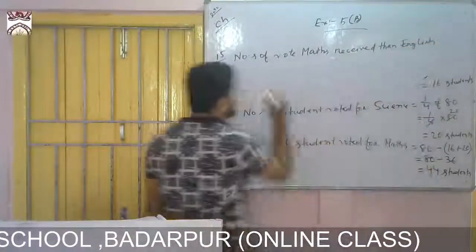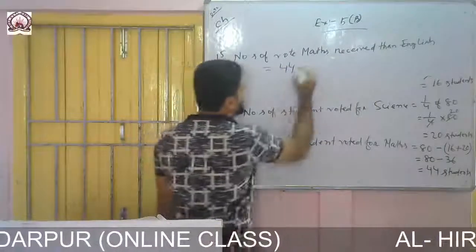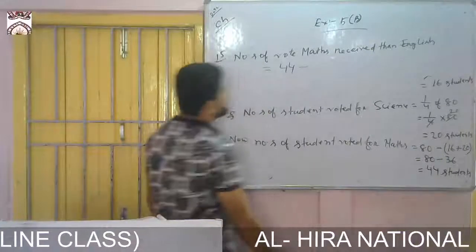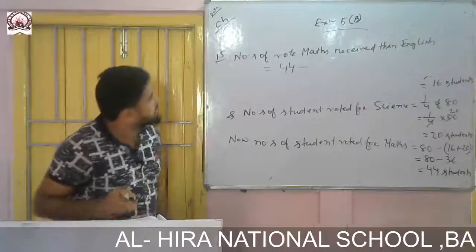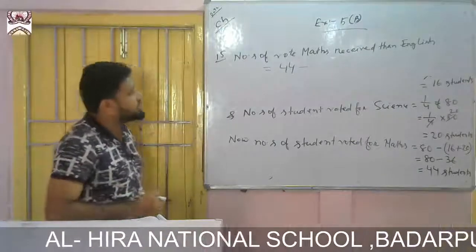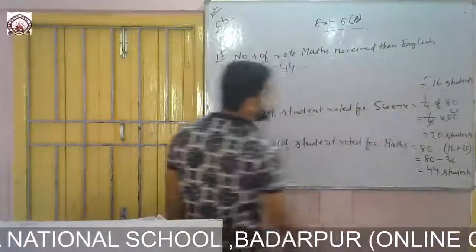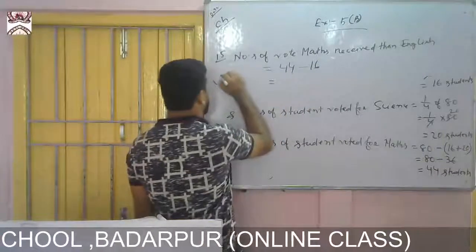The number of votes maths received more than English equals 44 minus the number of English students, 16.